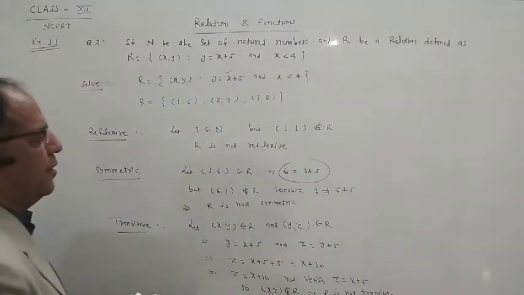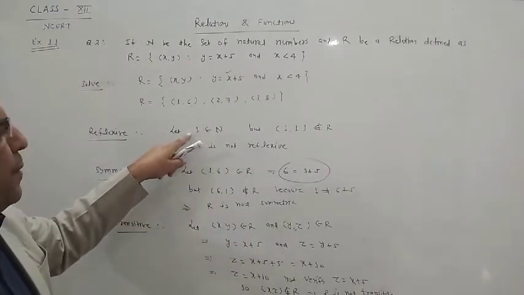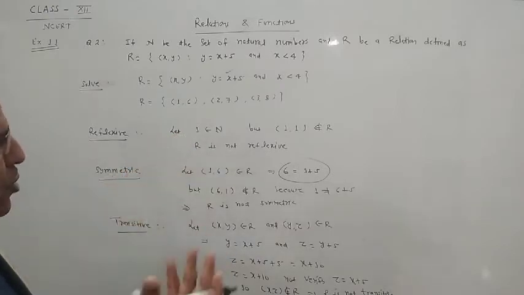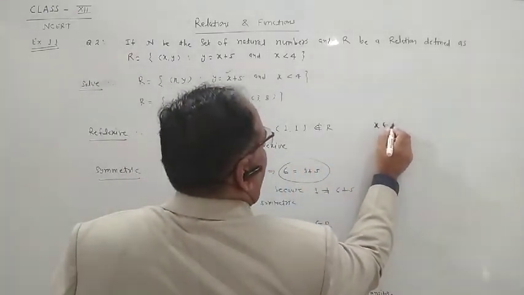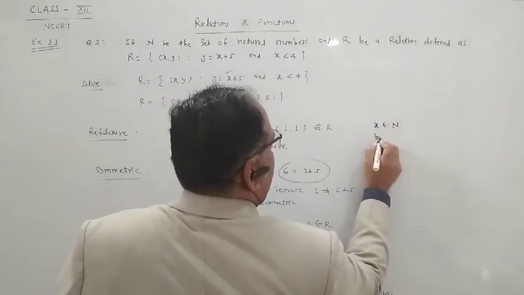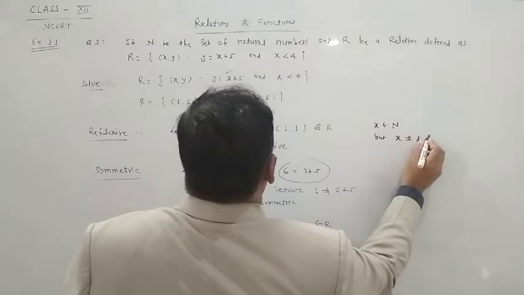In the first condition here, we took only the numerical part. If we take it theoretically, suppose that x belongs to N, but x is not equal to x plus 5.